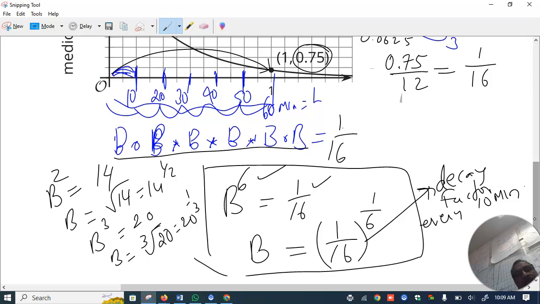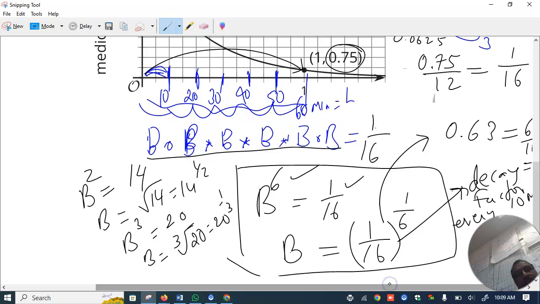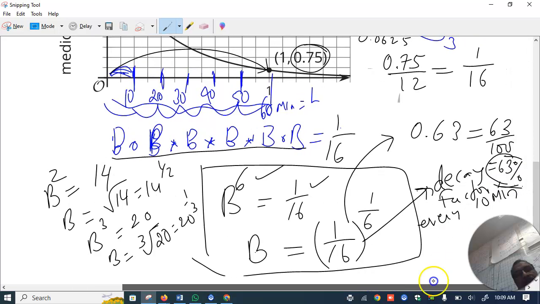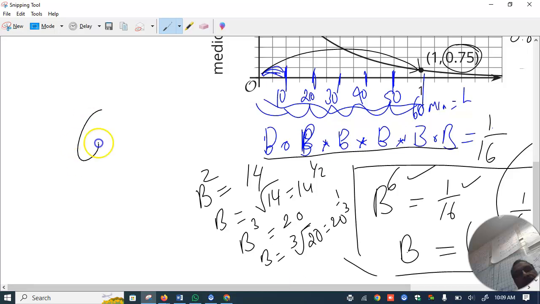If you put this in the calculator, you end up getting 0.63, and this means it is 63 divided by 100, which is 63%. That means every 10 minutes 63% retains, stays. So what that means is 63% stays.